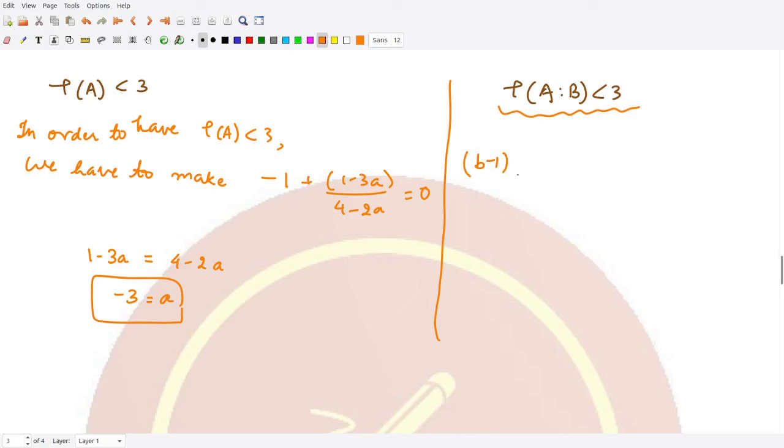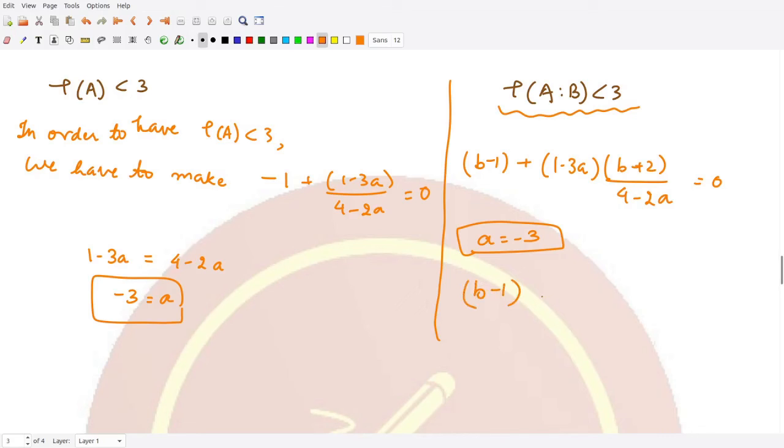So we had B minus 1 plus 1 minus 3A, and then we have B plus 2, right, divided by 4 minus 2A. This is equal to 0. Now you know A is equal to -3, so we could substitute the value of A here. So we have B minus 1 as such, then 1 minus 3 into -3, then B plus 2 divided by 4 minus 2 into -3.